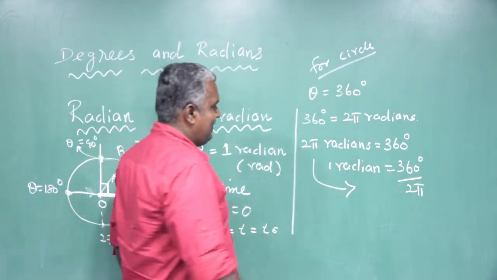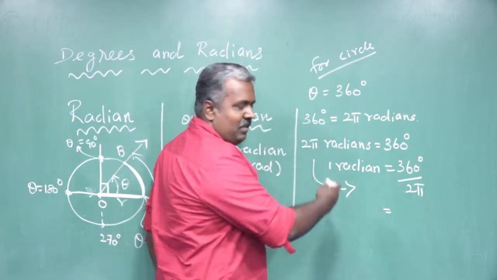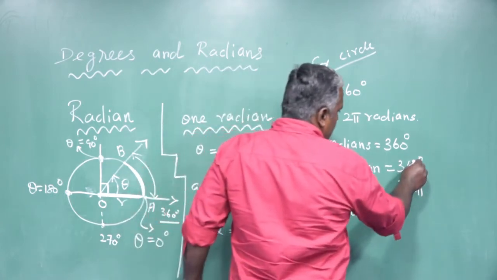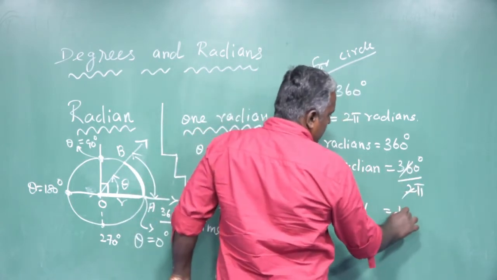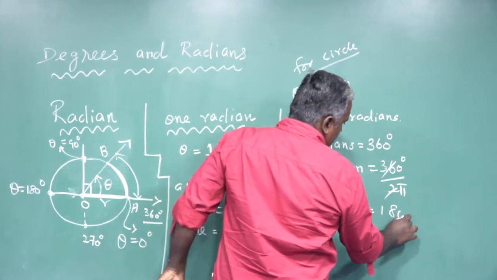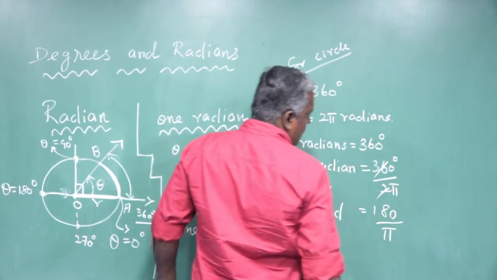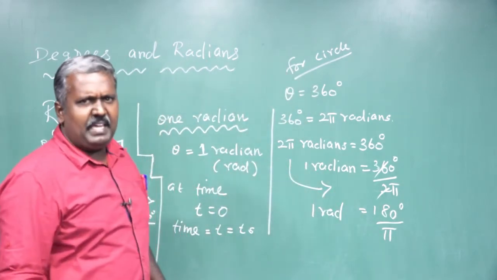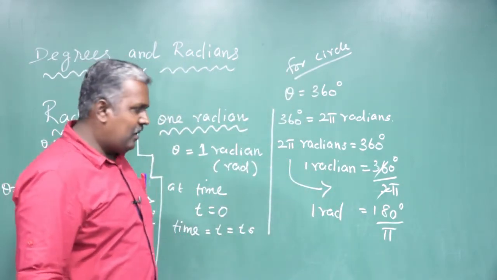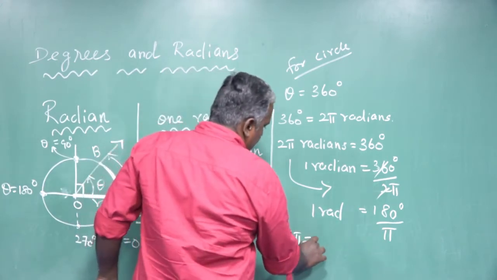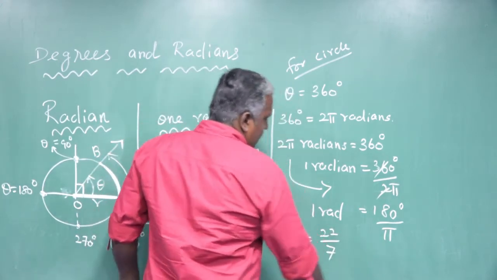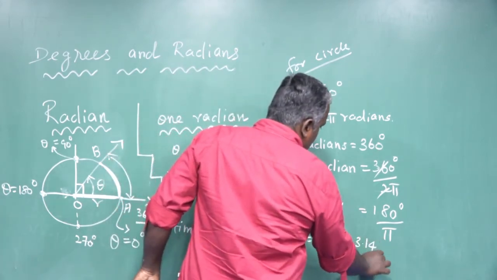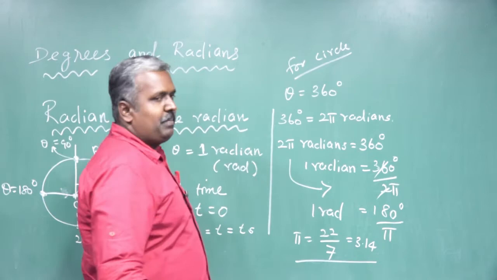Therefore, simple. 1 radian or rad is equal to 180 degree by pi. Clear? Pi is equal to 22 by 7 or 3.14.